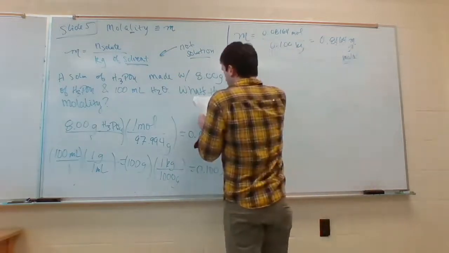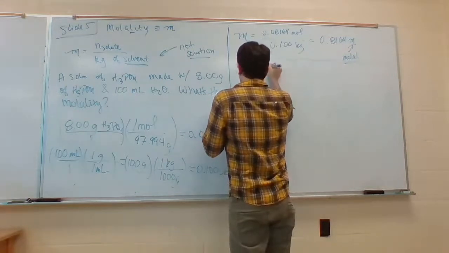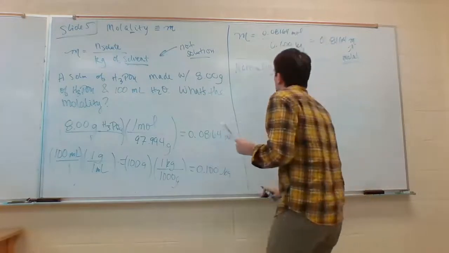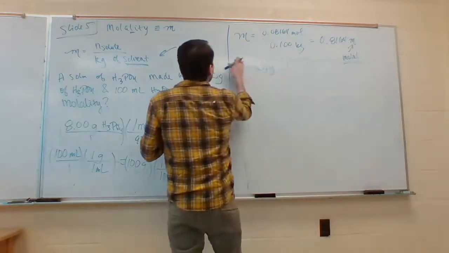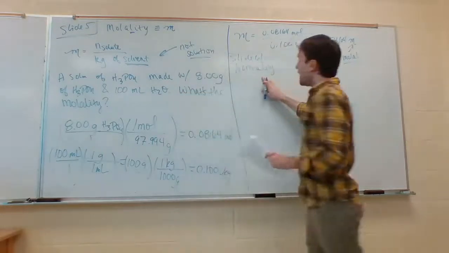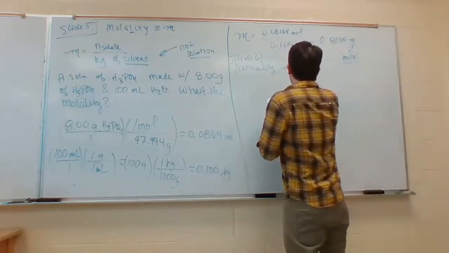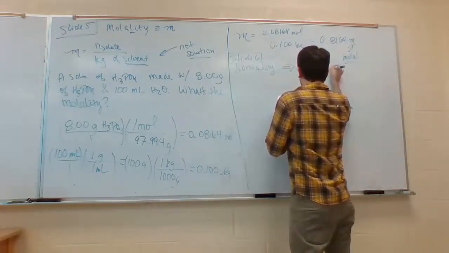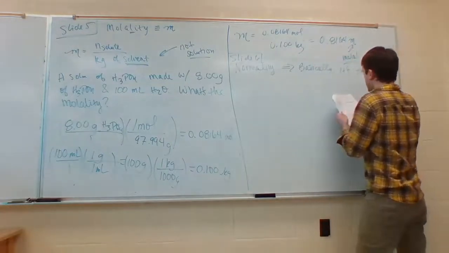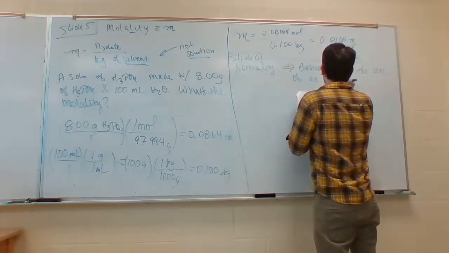The next thing that I want to talk about is called normality. This is going to be on slide 6. Normality can be a little bit tricky. Basically, it's going to be the concentration of an active species.